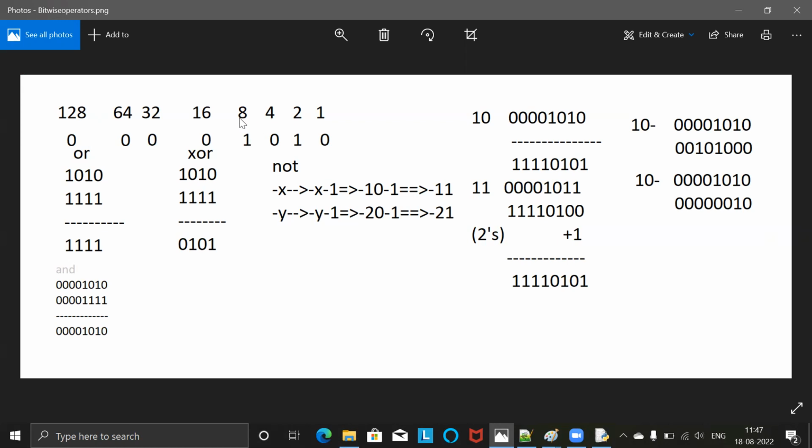Then 8 plus 4 is 12, which is greater than 10, so it returns 0. 8 plus 2 is equal to 10, so it returns 1. 8 plus 2 plus 1 is 11, which is greater than 10, so it returns 0. This is the binary form of 10.